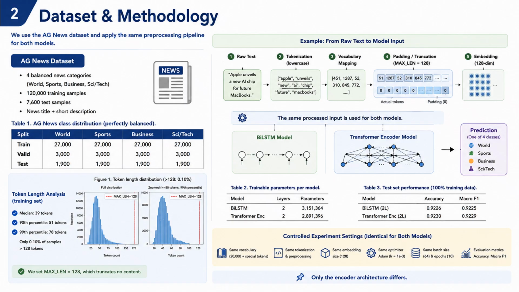The processed input is then fed into either the bi-LSTM or the transformer encoder. Therefore, the only difference between the two models is the encoder architecture, while the dataset, preprocessing, optimizer, training settings, and evaluation metrics remain identical.